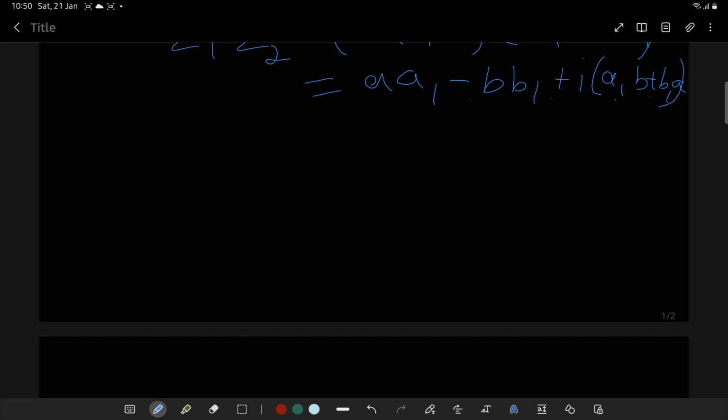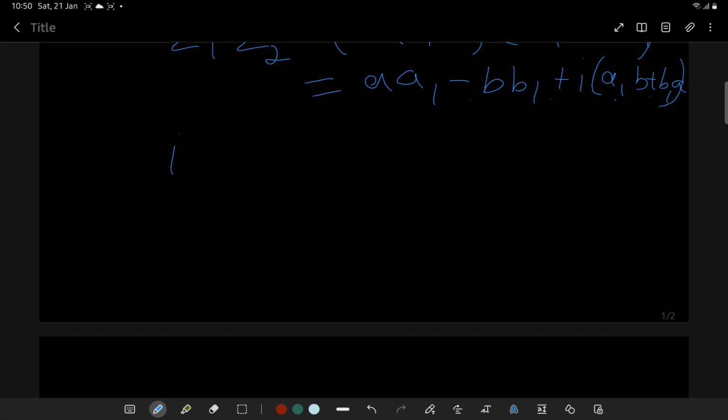Now we learn how to write a complex number in exponent form, like any complex number can be represented as a e power ix. For that, let's learn some small things about the polar form of a complex number.